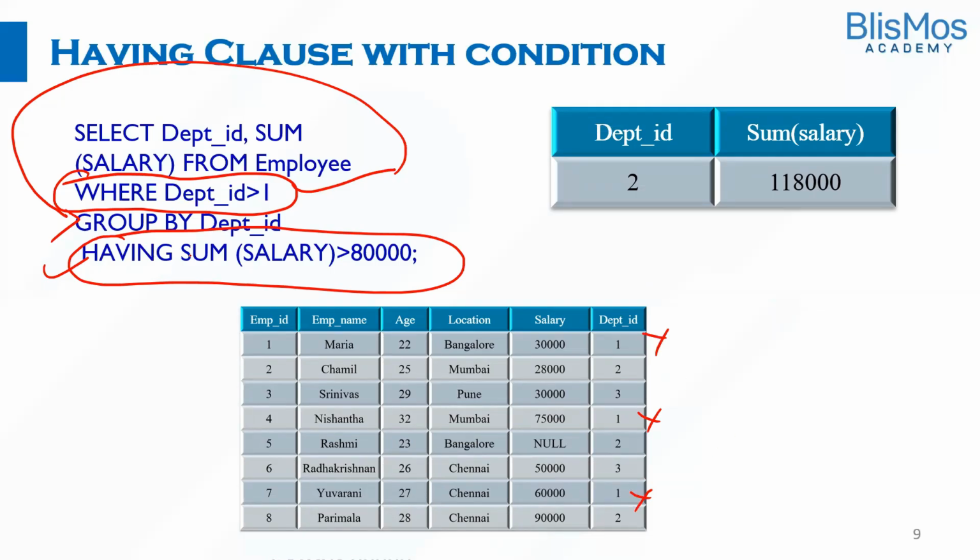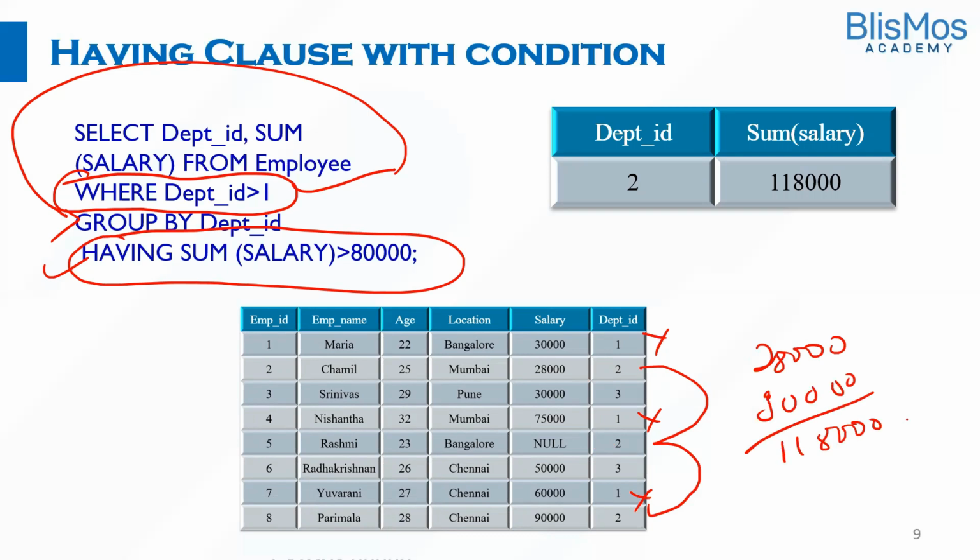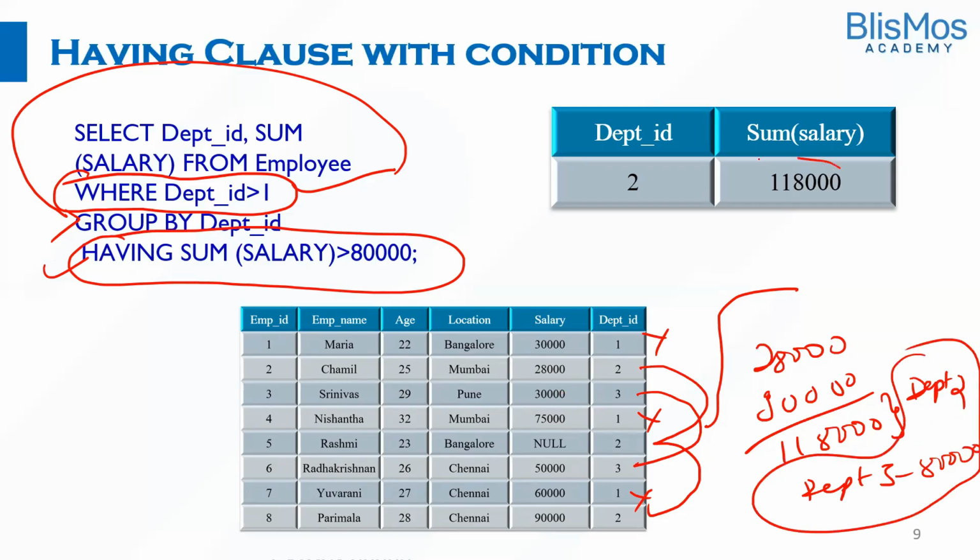So after the GROUP BY, we have one group, that is 28,000 plus null plus 90,000. That will be 1,18,000. The next group is 3, department ID 3, which would be 30,000 plus 50,000, that is 80,000. So out of these two groups, only this satisfies the HAVING clause condition.